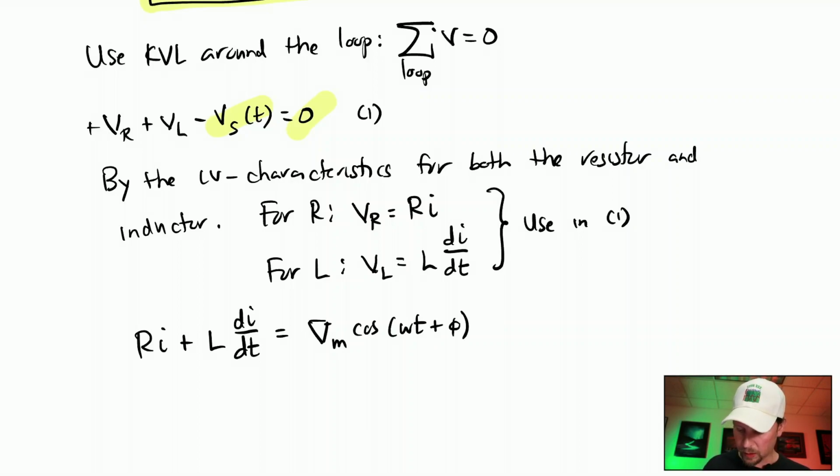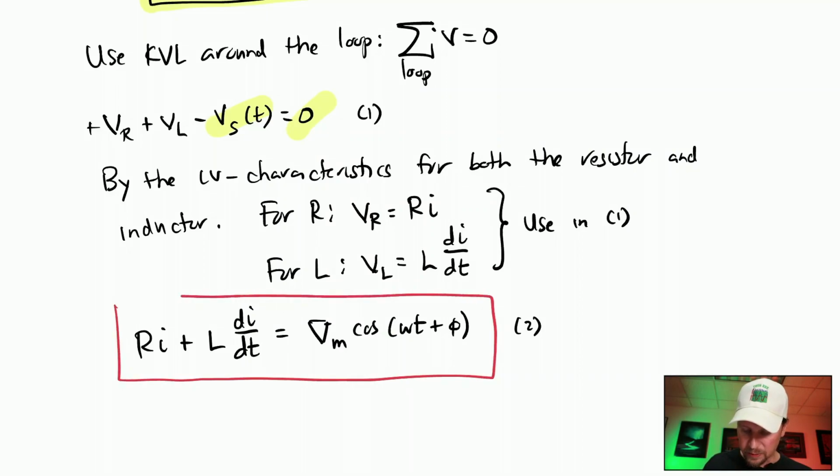Now, this equation, even though it's nice and tiny, is the fundamental equation that governs the behavior of this system, this circuit. Notice that it is a first-order ordinary differential equation with constant coefficients that happens to be inhomogeneous. It's a big mouthful, right? But it just describes to you the type of equation that we're actually dealing with.